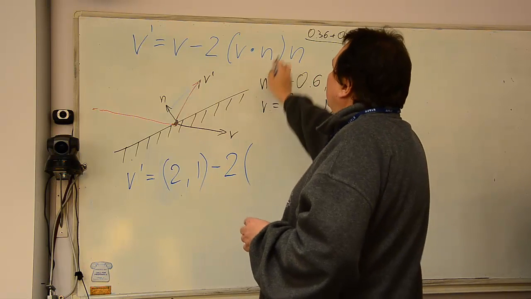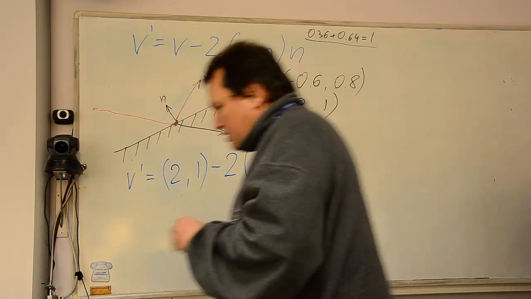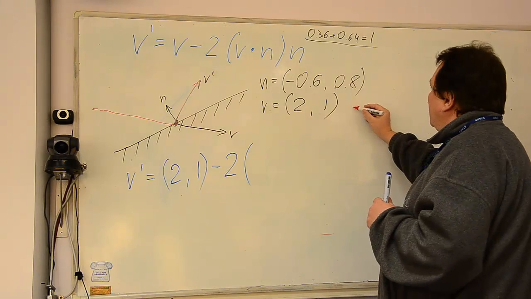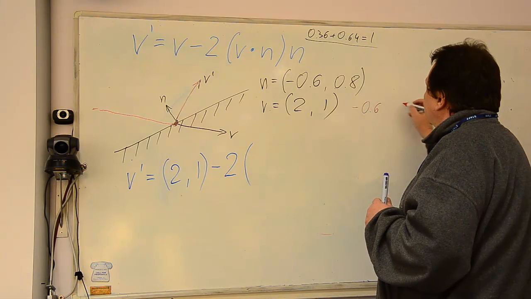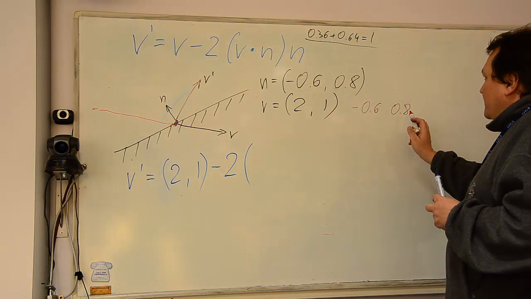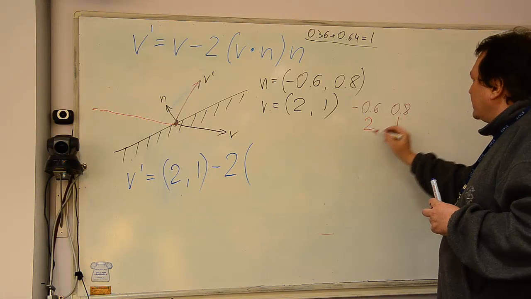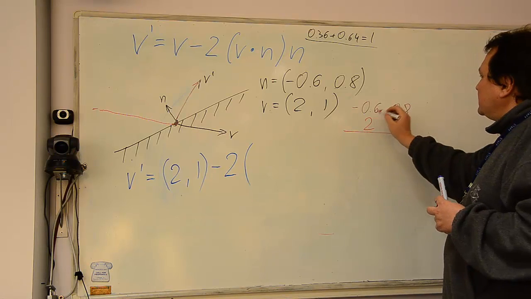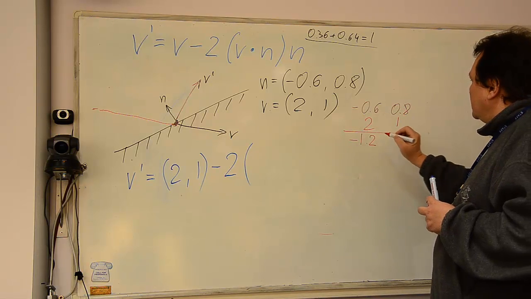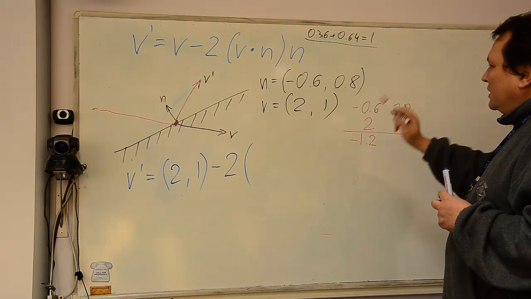I will calculate this dot product using a simple and easy to use method. It should be (-0.6, 0.8), these are the coordinates of the vector n, and these are coordinates of the vector v. Minus 0.6 times 2 is minus 1.2, and 0.8.